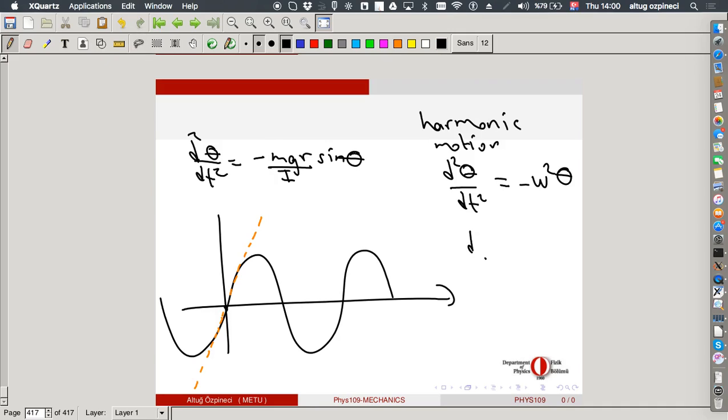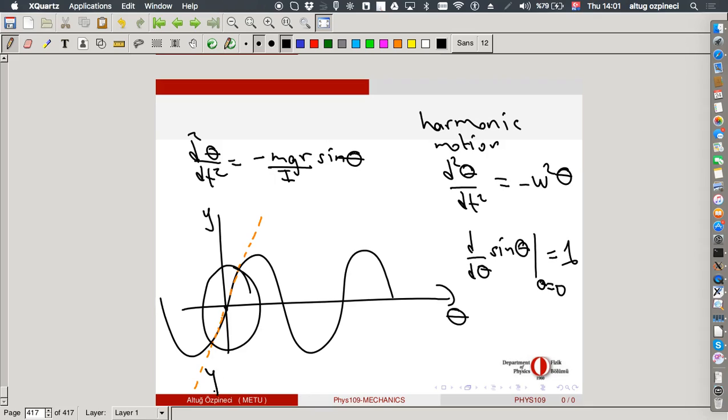It's just plus 1. d by d theta of sine theta at theta equal to 0 is just 1. So close in this region, the sine function and this straight line, whose equation is y equals theta, this orange line, almost overlap in this circle.